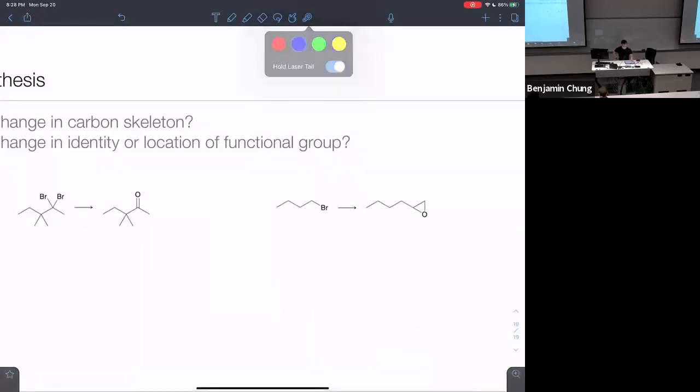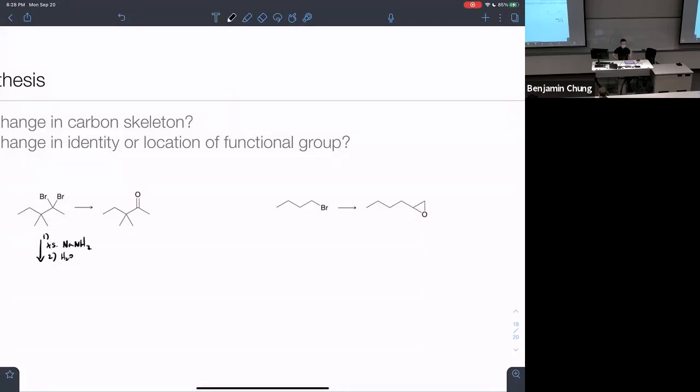Whenever you see a dihalide like this, it's a really big hint that we're going to go through some sort of alkyne intermediate. So how can we generate an alkyne from this geminal dibromide? We can use excess sodium amide as step 1, and then as step 2, we have water.